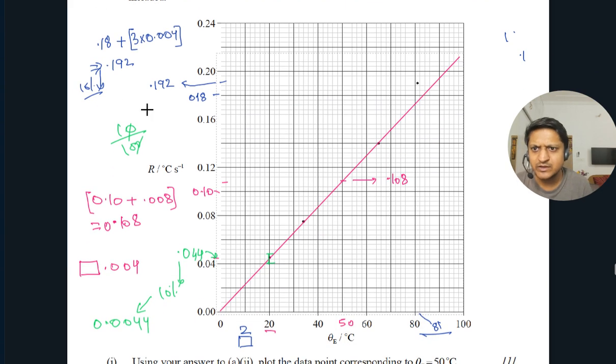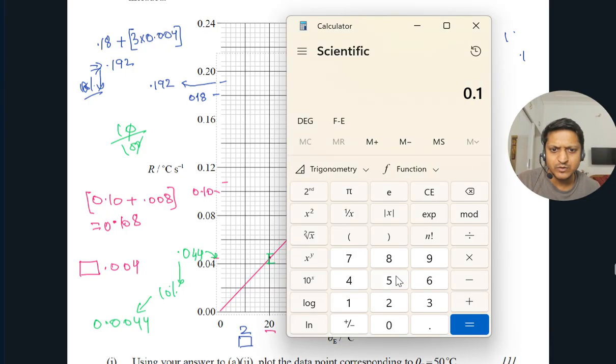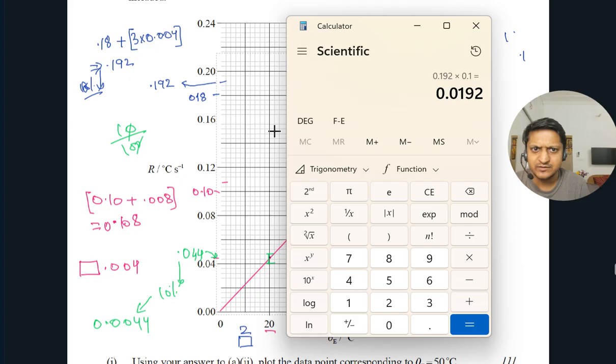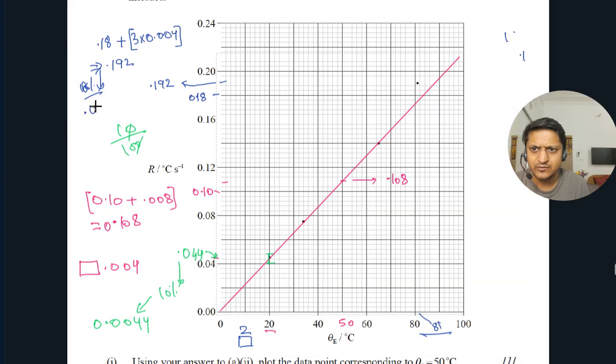Now 10% of this will be 0.192 into 0.1, so it is 0.0192. Now for this, we need to see how many boxes it would be.